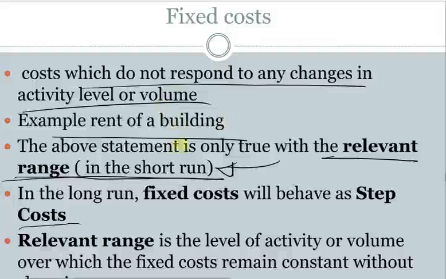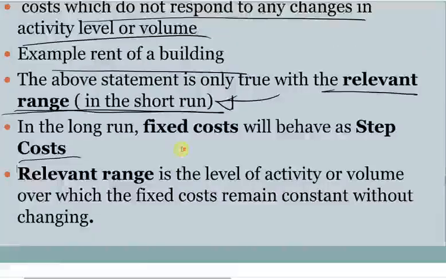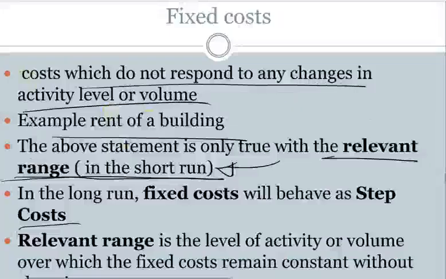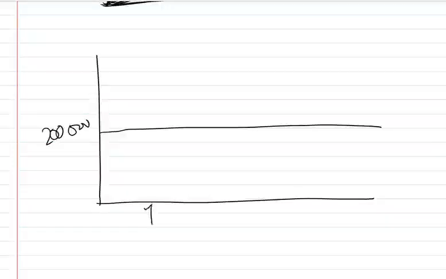So let me just come up with a diagram. So we are saying that total fixed cost is the same. For example, the one for a building, that means here will be 200,000. So it will be in a straight line. If I'm staying alone, 1 person, 2 people, 3 people, 4 people, 5 people, it will still be 200,000 per month.